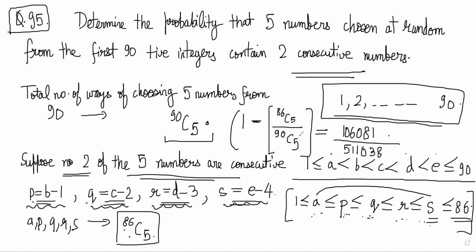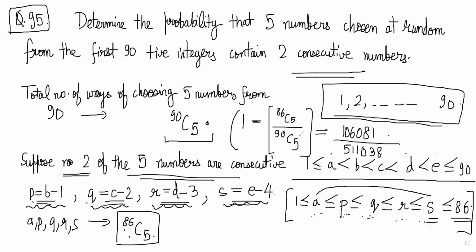We are doing it by a complementary counting method. So we converted the problem from having to directly count two consecutive numbers. Instead of that, we did a complementary counting: no two of the numbers are consecutive. And how did we do that?